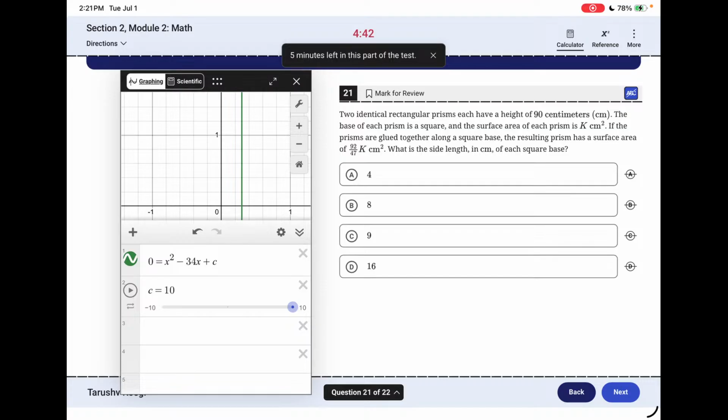Two identical rectangular prisms each have a height of 90 centimeters. The base of each prism is a square. Each square base.